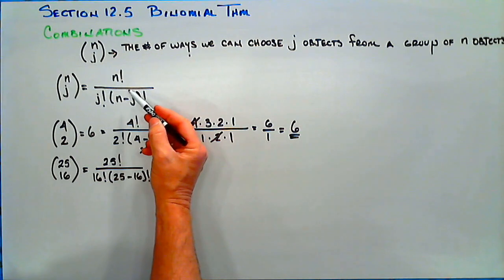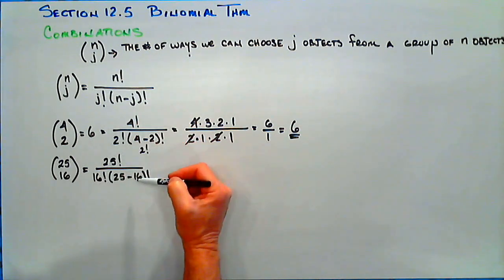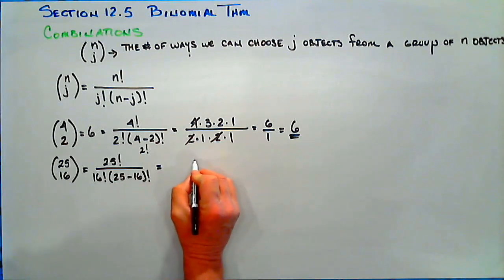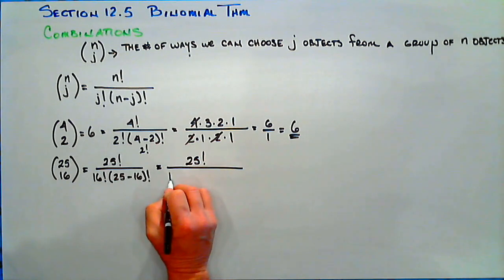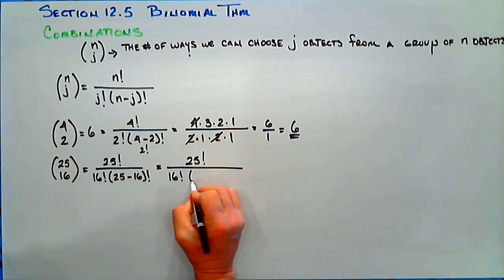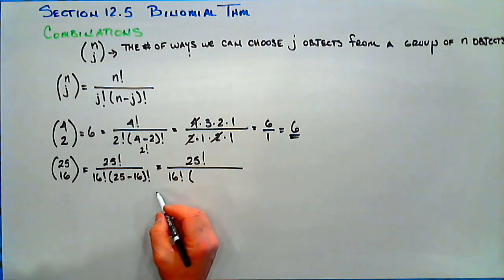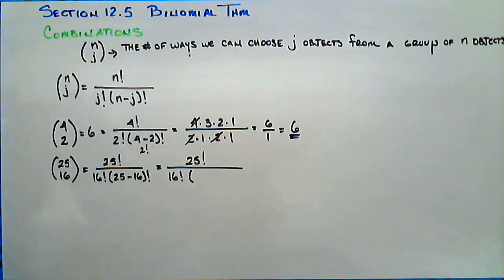All right, that's using our formula here. N is 25, J is 16. Now, what does that look like? That looks like 25 factorial divided by 16 factorial. And what's 25 minus 16? That's 9, right? So let's just write that.